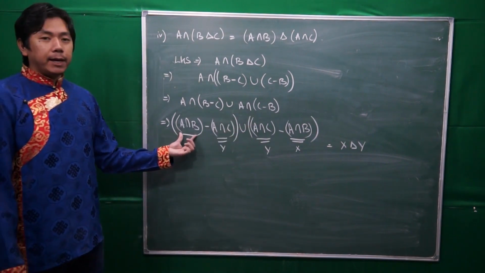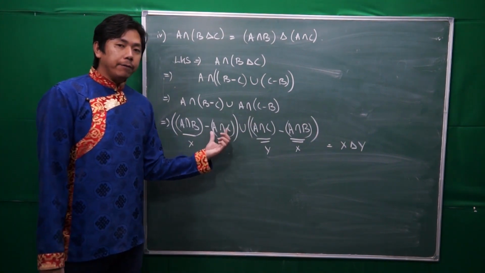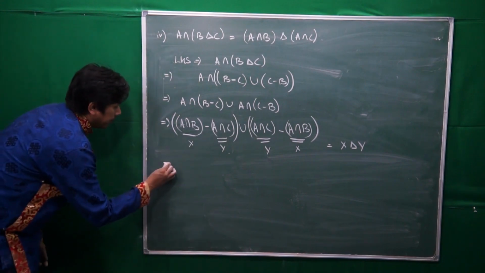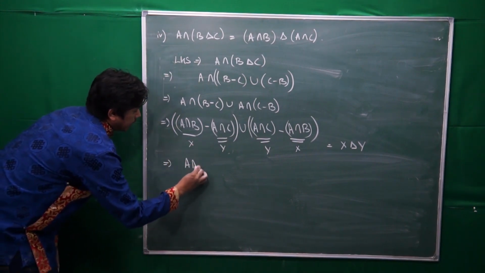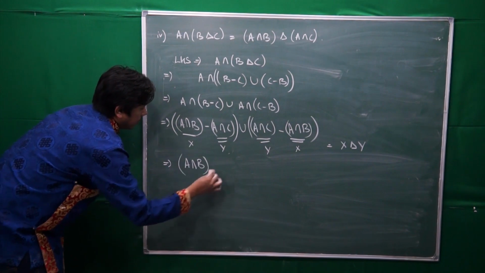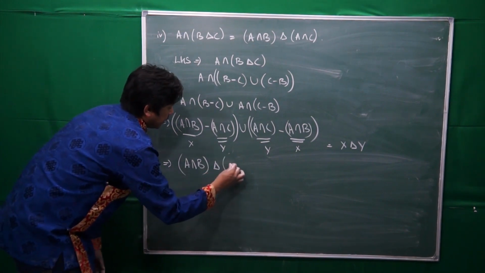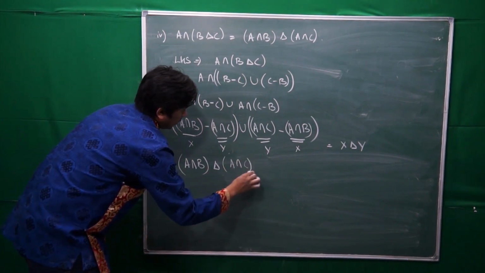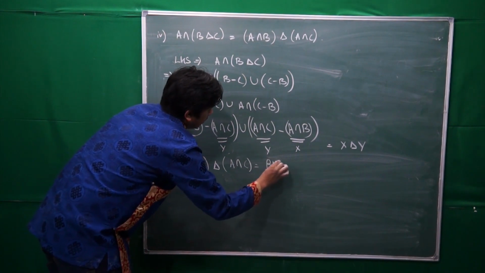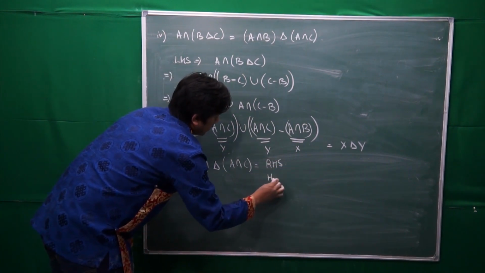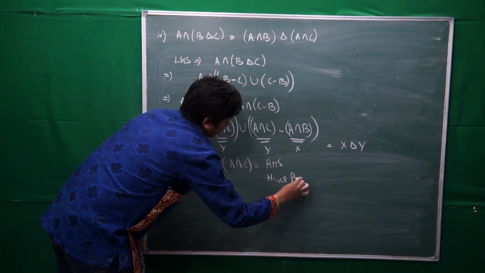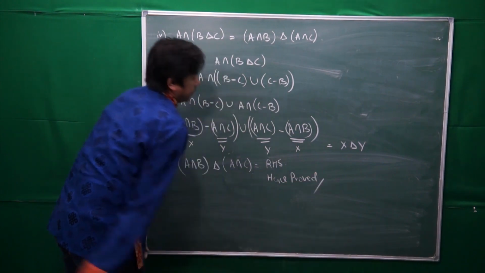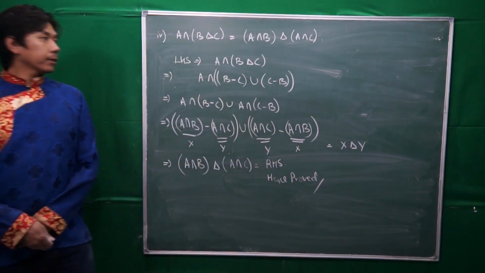Instead of X, we have A intersection B. Instead of Y, we have A intersection C. So this would be (A intersection B) symmetric difference (A intersection C), which is equal to the RHS, hence proved. Okay, simple.